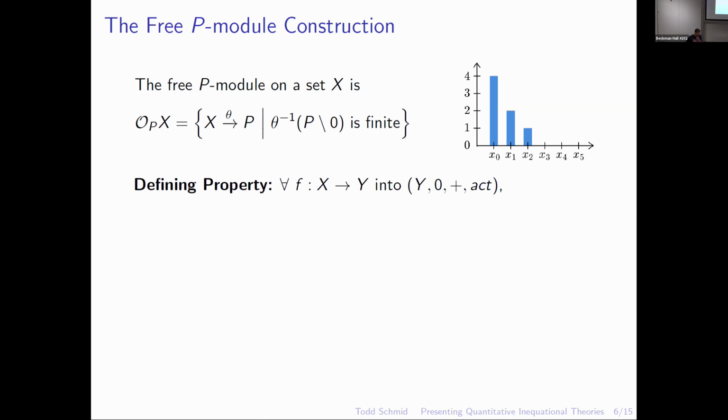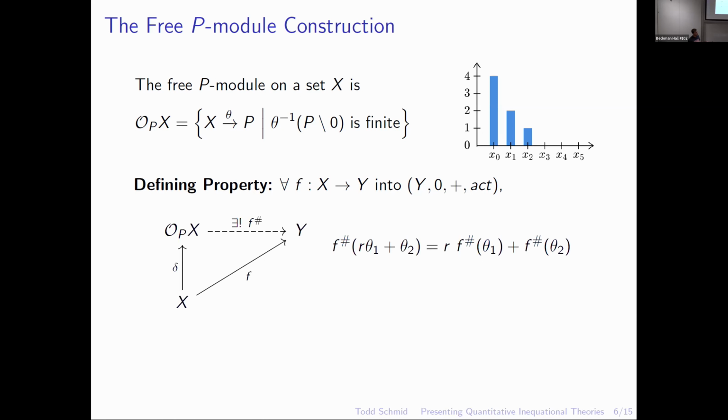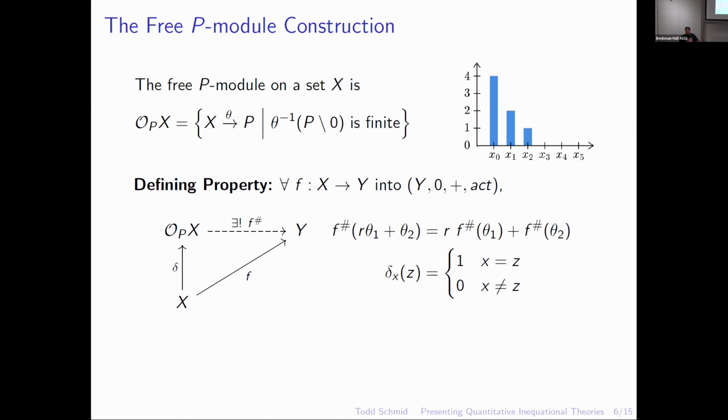So what is the defining property of the free P module? This is kind of the basis of what I'm going to be talking about in a second. The defining property is a universal property. It says that for any function from your base set into another P module, that function uniquely extends to the set of all finitely supported functions, such that on Dirac deltas, it takes the values of f.